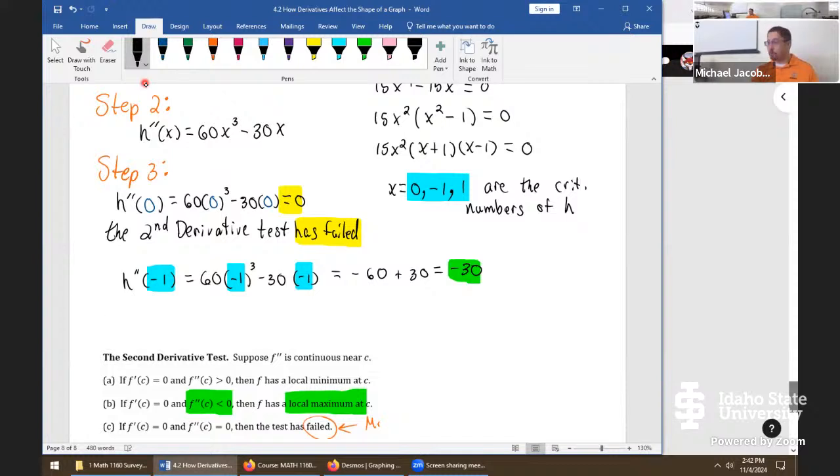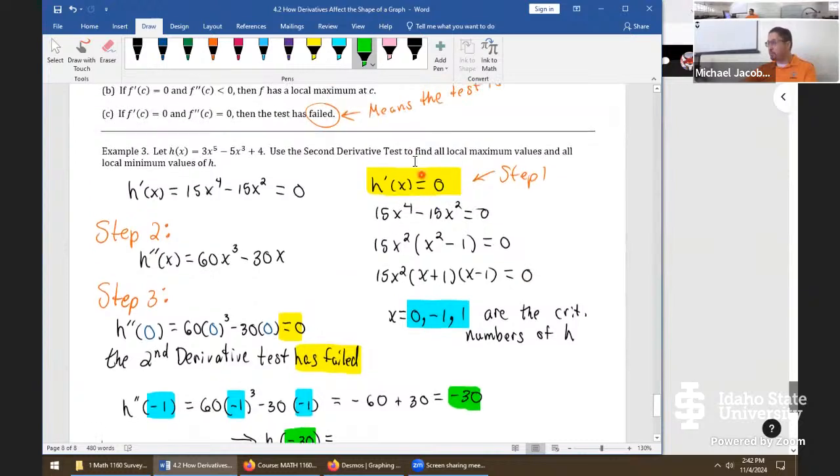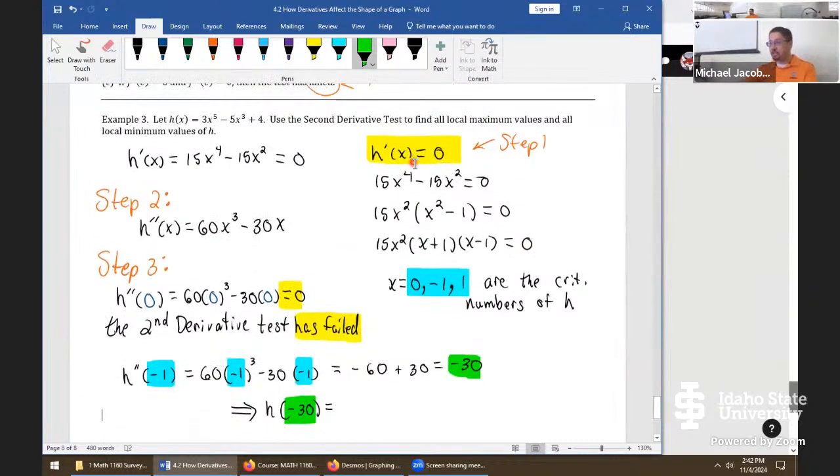But we need to say what that local maximum is, so we go down below and say, this implies h of -30 equals, and notice how kind of tricky this is. We have the second derivative we're working with a lot. We have the first derivative that we worked with a little just to get critical numbers.